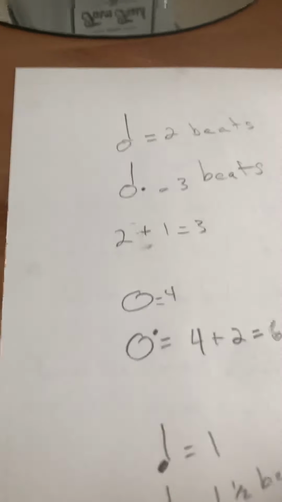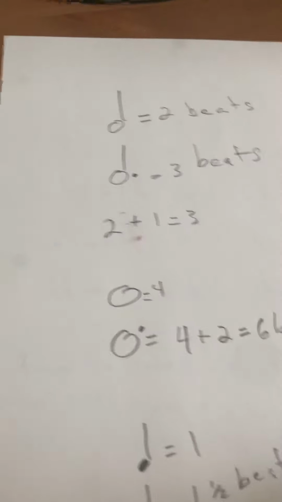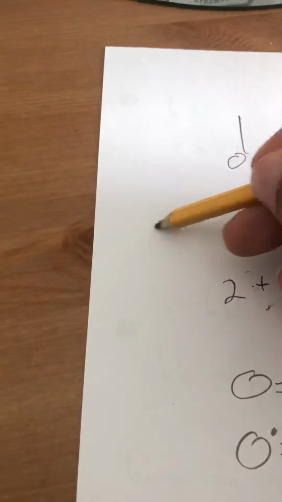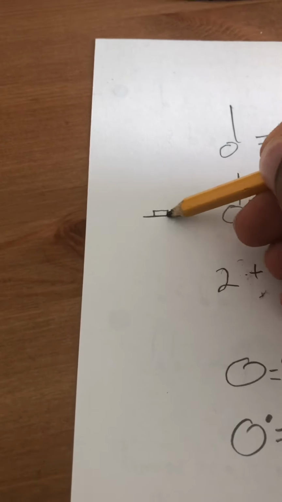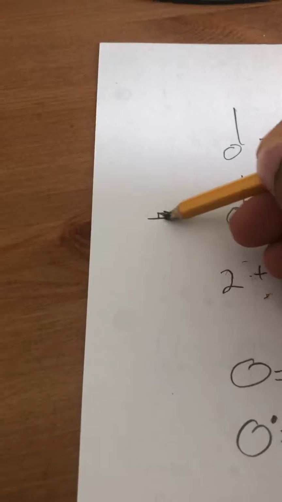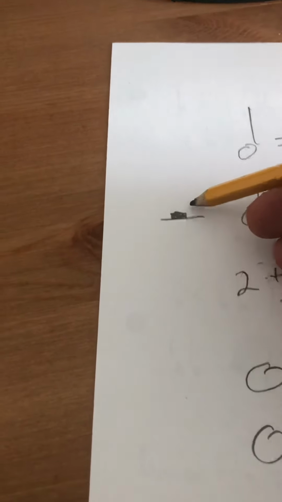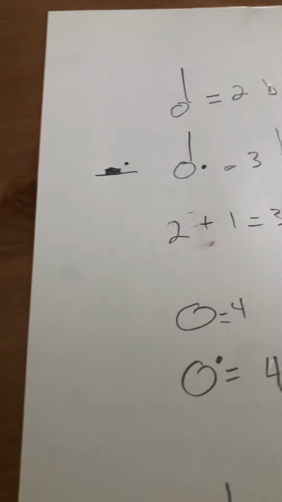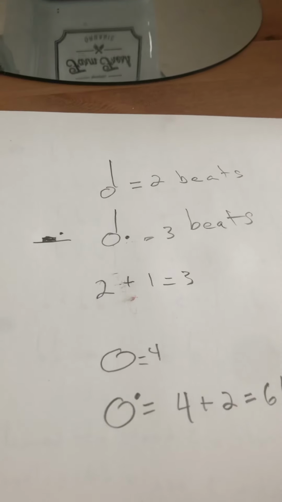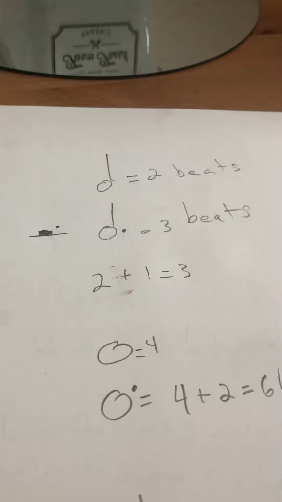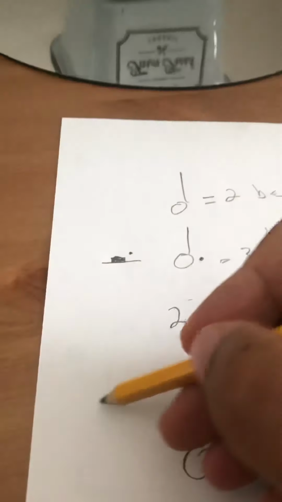And then you do the same thing for all of its rest counterparts. So this, sorry, I'm rushing a little bit, so it's not the most perfect half rest. That would be 3 beats of silence.